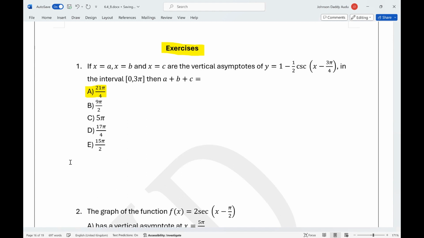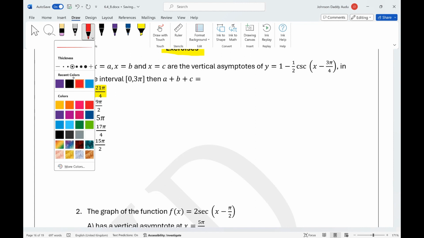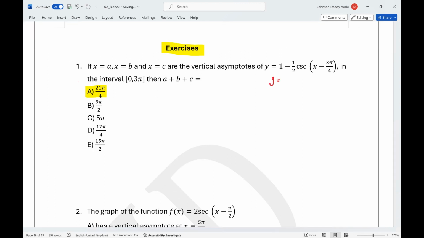This one we can rewrite y as 1 minus, this is half. And since this is cosec, then this will just become sine x minus 3 pi over 4.